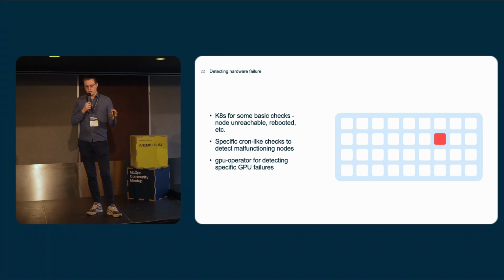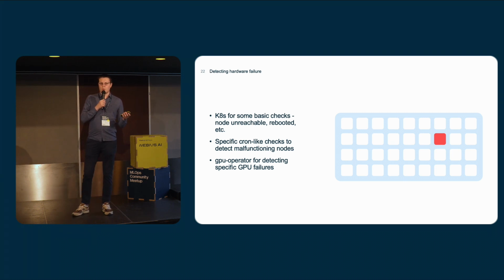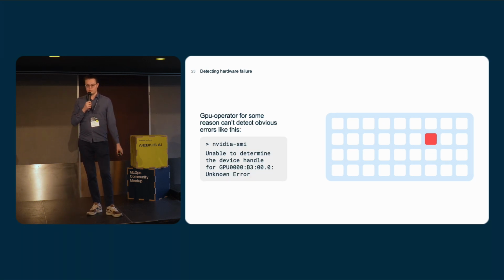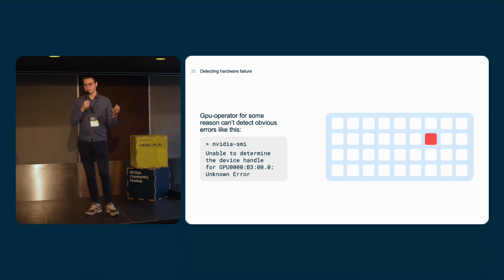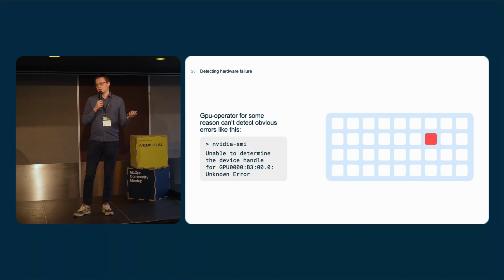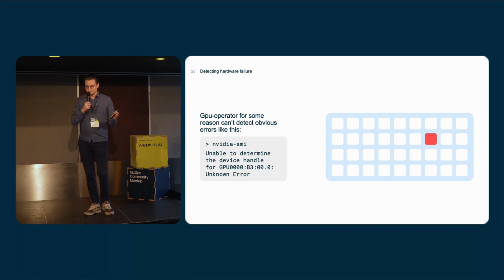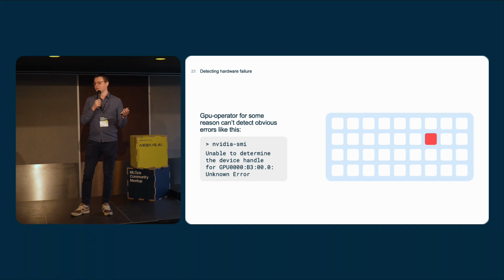And while the NVIDIA GPU operator can automatically detect and disable some malfunctioning GPUs, we have noticed that it sometimes overlooks obvious issues like this one, where nvidia-smi returns an error that clearly indicates that something is wrong with this node.